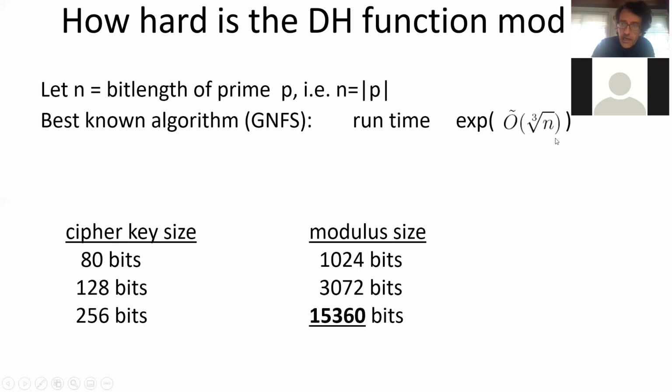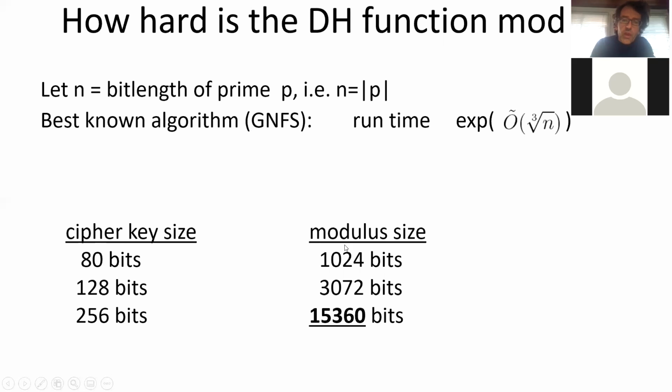Such attacks are not known over elliptic curves. So elliptic curve attacks are weaker than this, and that's one of the motivations for the movement towards elliptic curves. This algorithm is called the general number field sieve.